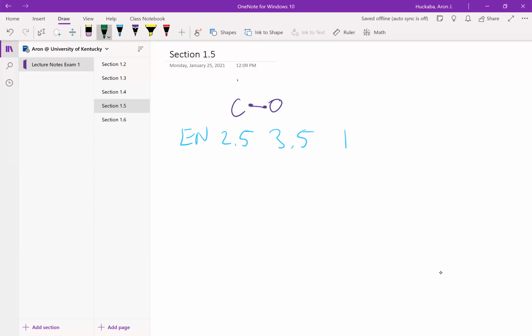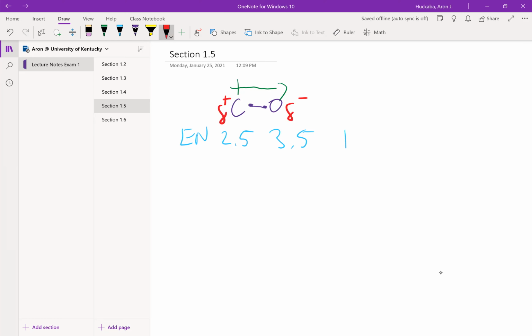It will start at the carbon and go to the oxygen. That's the direction of flow of the electrons, which means that the carbon will have a substantial partial positive charge and the oxygen will have a substantial partial negative charge. This is going to influence how this bond reacts whenever we are looking at its chemistry.